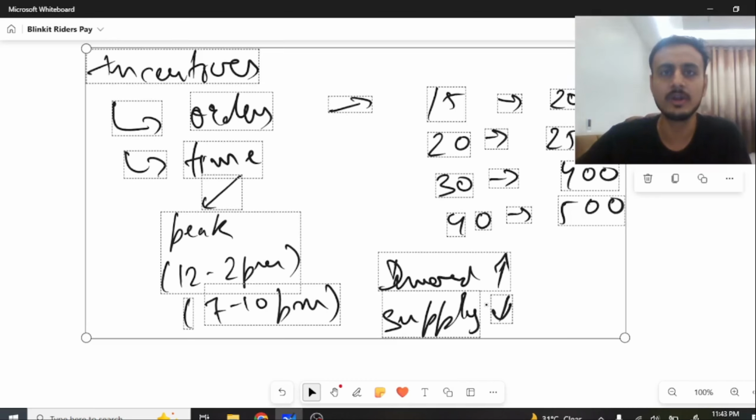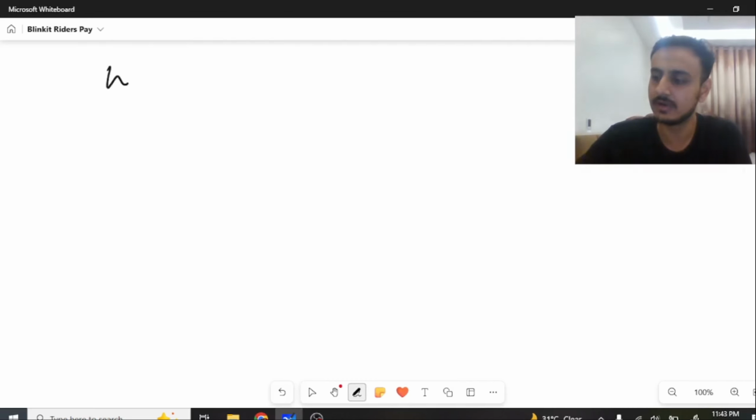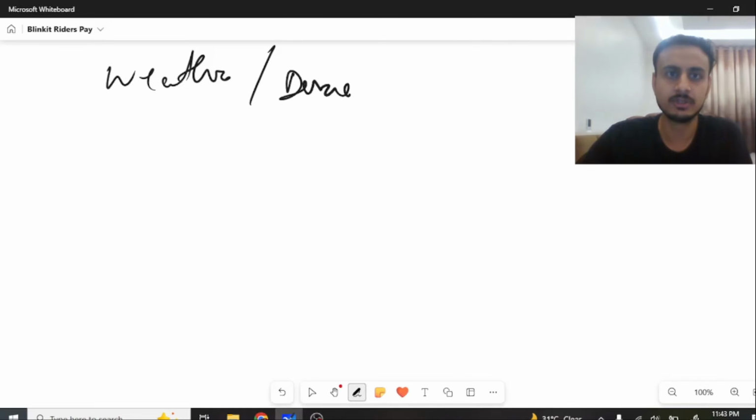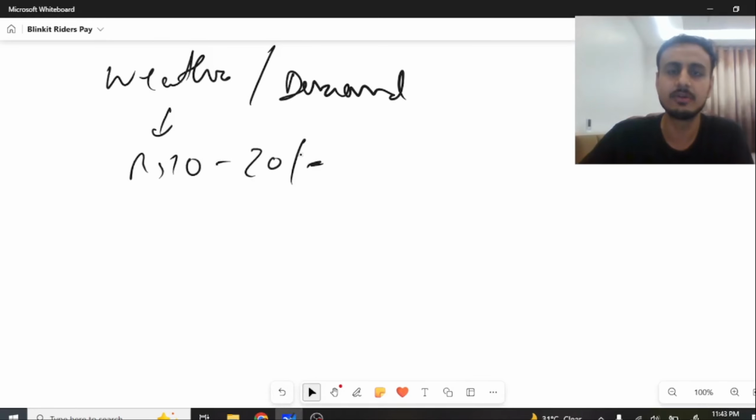Now, the fourth point that would come into the picture would ideally be the weather and the demand surge. So suppose there is any case of rains, ideally in Bengaluru it rains a lot. So you would be paying your delivery riders rupees 10 to rupees 20 extra per order in case the rider is able to deliver during rains. What happens in such a scenario is the demand shoots up.